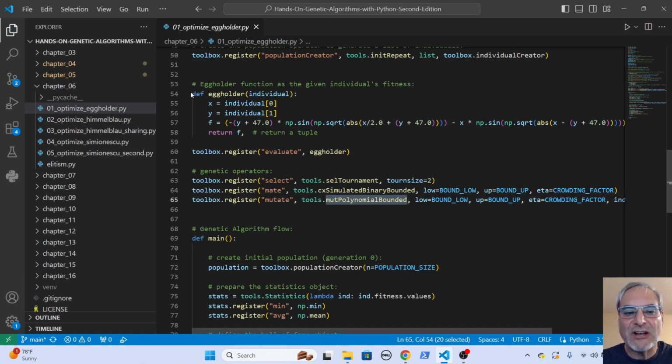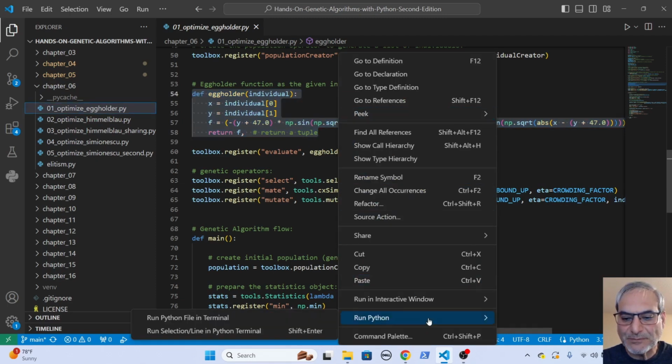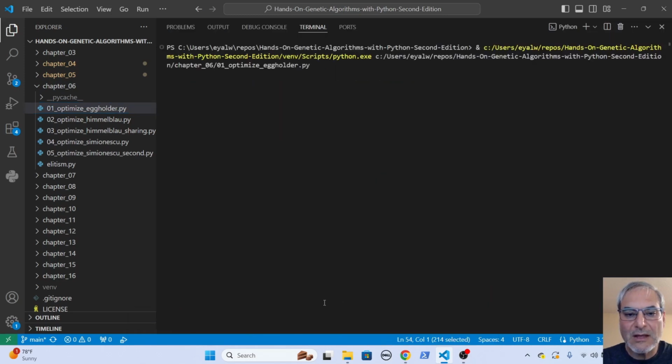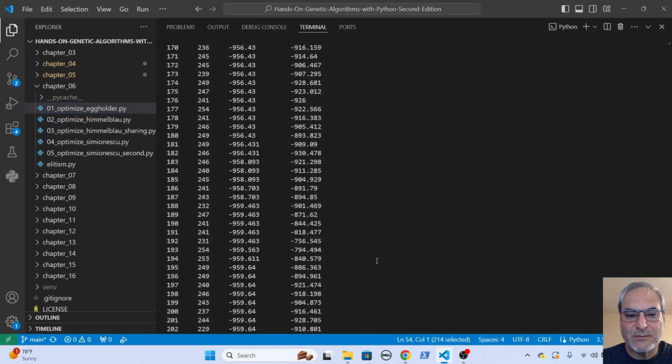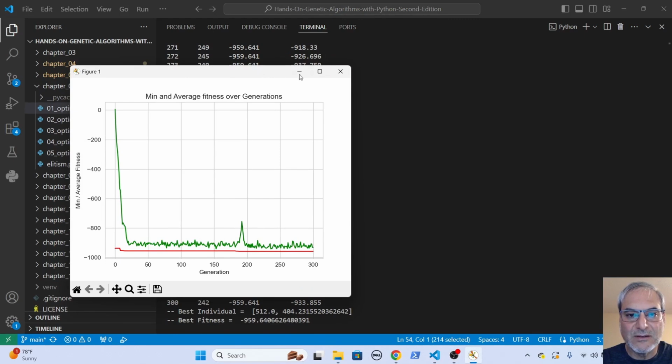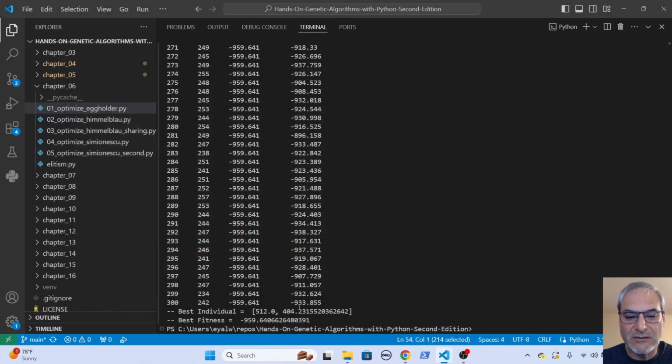And this is the actual function that we're trying to minimize in this case. So if you run this, we are going to find that the best individual is actually the solution that we're looking for.